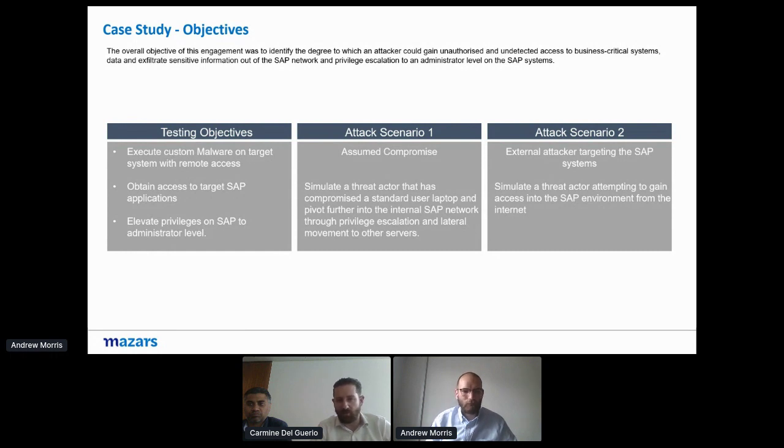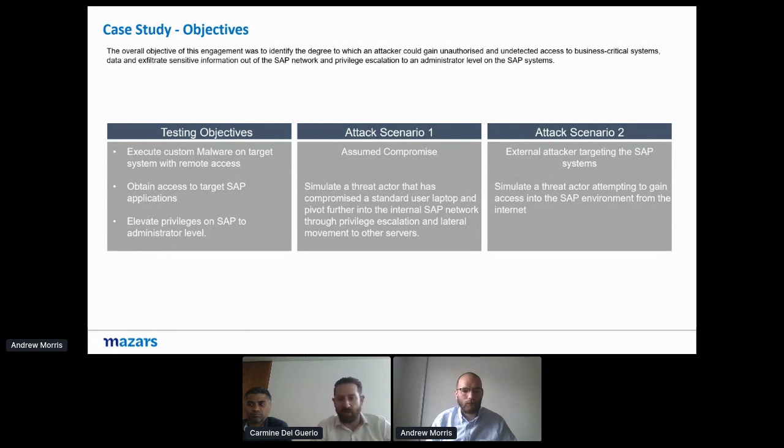In order to meet these objectives, we discussed two scenarios that were taken forward. The first one is known as an assumed compromise. With an assumed compromise, we are given a laptop by the client. It's a laptop that is a standard build for any person within that organization, and it is there to simulate a user that has already been compromised by a phishing campaign.